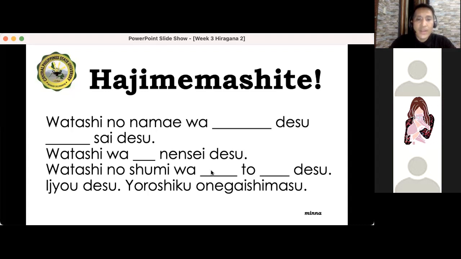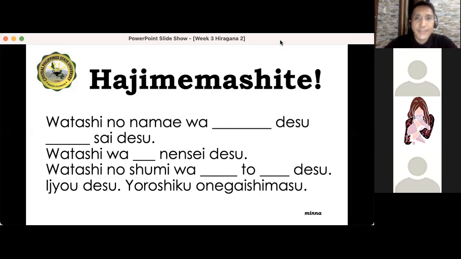Maybe some of you here are 21, so Nijuissai. This is 21. I hope that there are no more 22. Okay, magdagdag pa ako ng isa. Nijunisai, baka may 22. So sa AIDS, ito yung gagamitin natin.